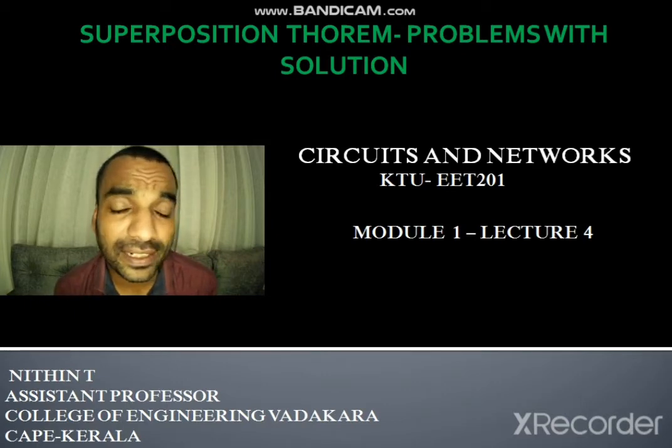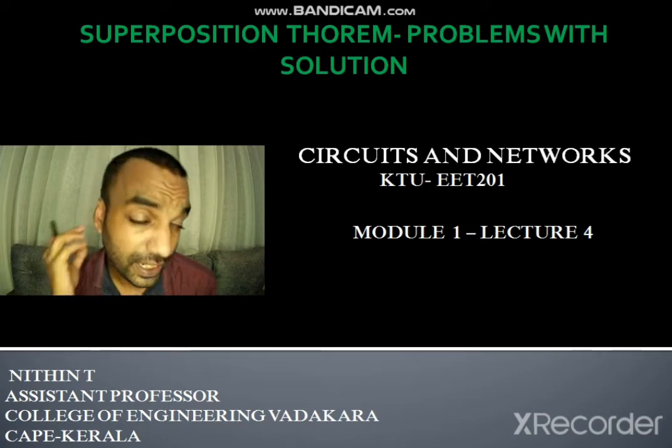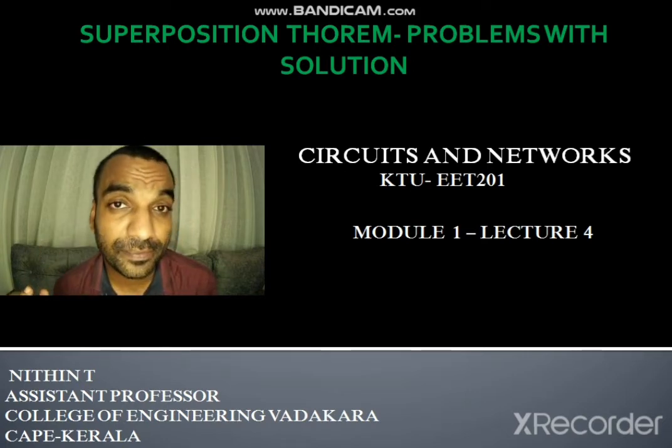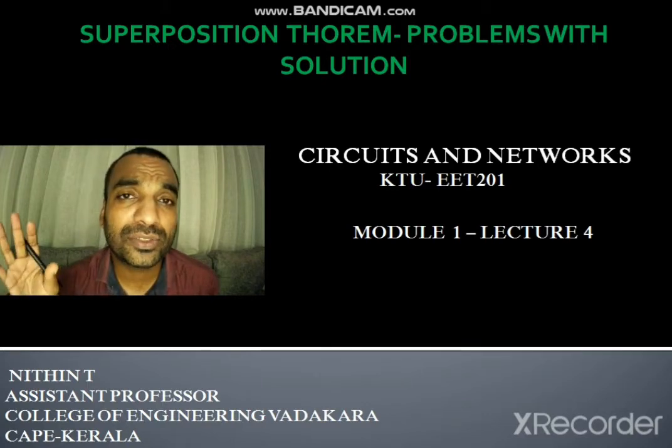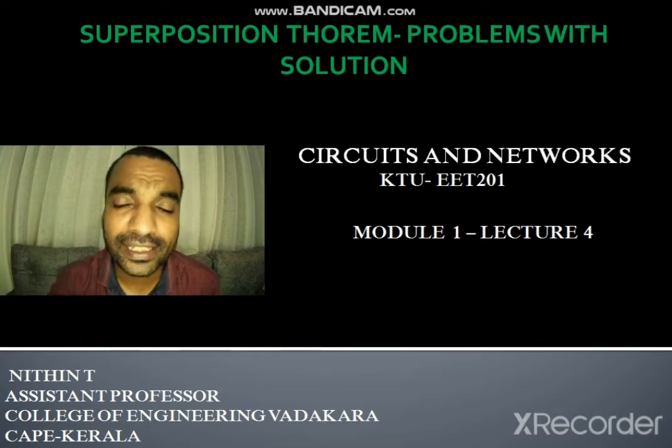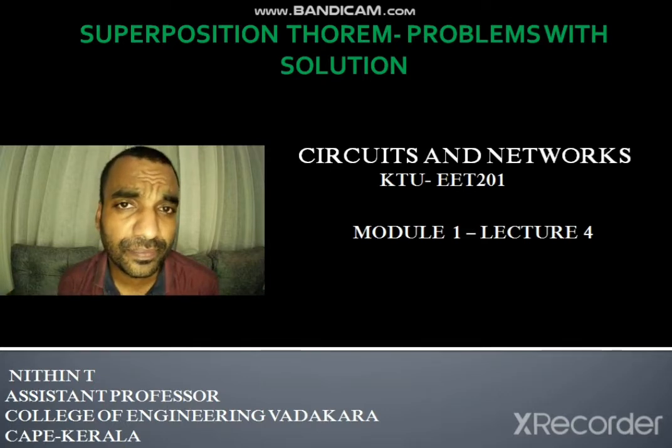In a linear bilateral active network consisting of a number of sources, the effect on any one of the components when all the sources act simultaneously is equal to the sum of the sources acting individually on it. So if we have three sources, we have to consider the three sources separately. That's just the procedure of the superposition theorem.